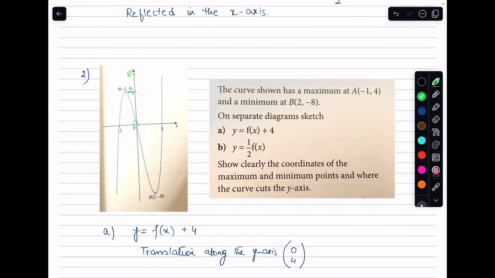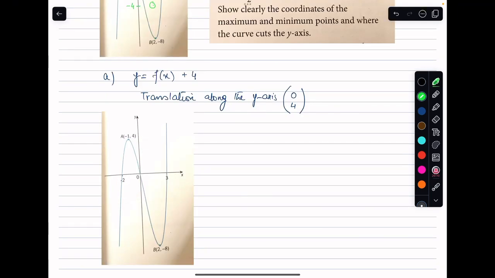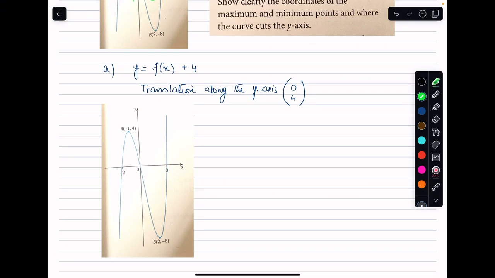From 0 it should go to positive 4. Negative 2 should also move up by 4, and negative 8 moving by 4 units should come to negative 4.